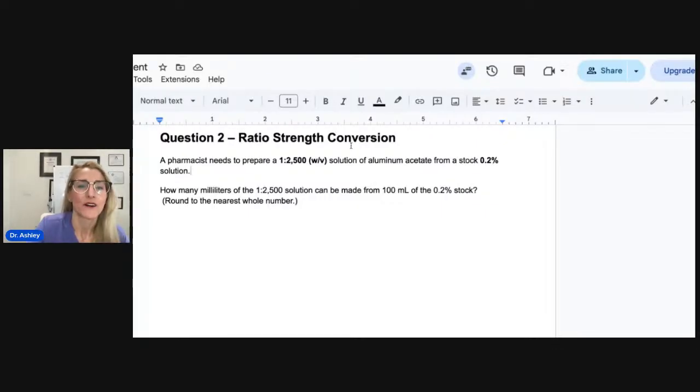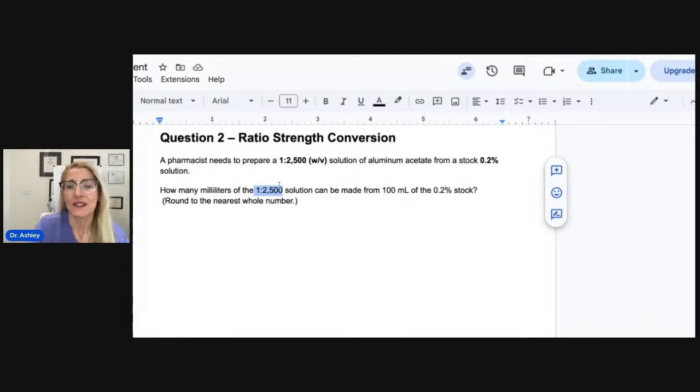Same as before. It is a dilution. We do only have two concentrations. One of them is a ratio strength. The other one is a percent strength. Whatever we do, we need to convert this one to percent strength.